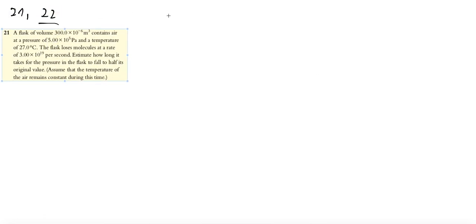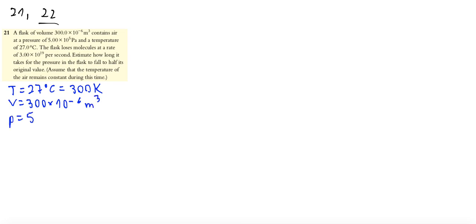So we have volume, we have pressure, and the temperature, remember, temperature must be converted into Kelvin, so 27 degrees Celsius is 300 kelvins. We have volume of 300 times 10 to the power of minus 6 in 4 significant figures, and pressure, which is 5 times 10 to the power of 5 in 3 significant digits.